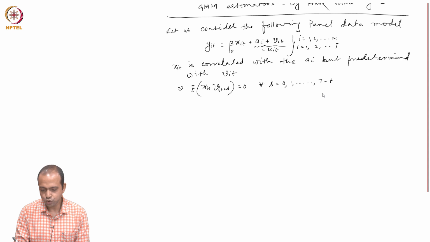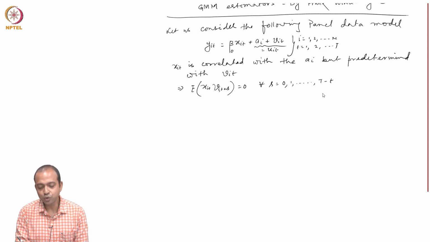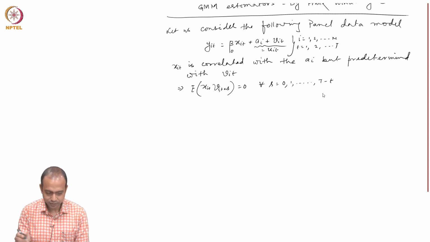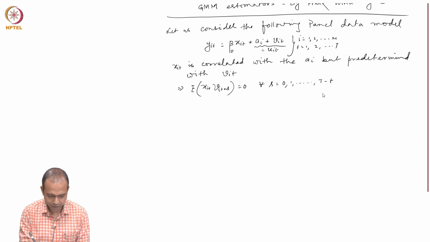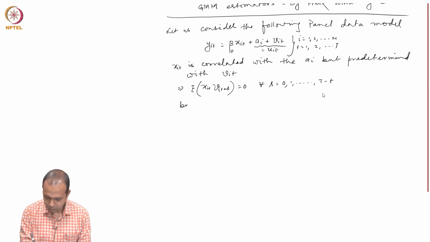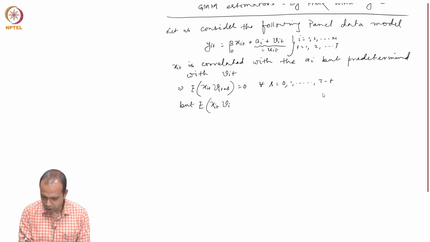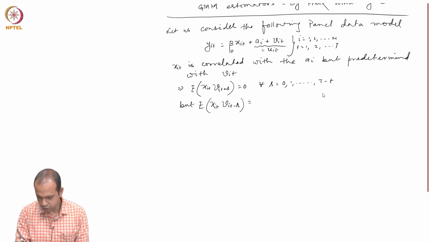So, x_it is not correlated with the present error term, right, but expectation of x_it and v_i,t minus r is not equal to 0, where r equals 1 to t minus 1.